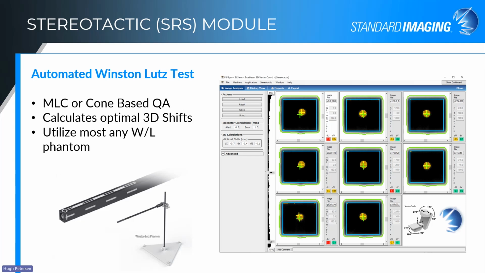Calculating across those 8 images, it gives you the optimal shifts in 3D in your X, Y, and Z direction. One point of note is you don't have to have 8 images. You can do with as few as 3. It just gets more accurate the more images and the more gantry and couch angles you use. So it gives you that functionality for anywhere from 3 to 8 images.